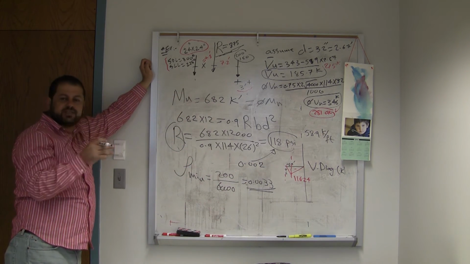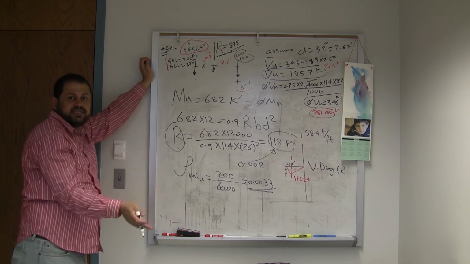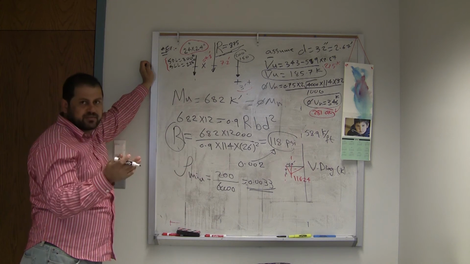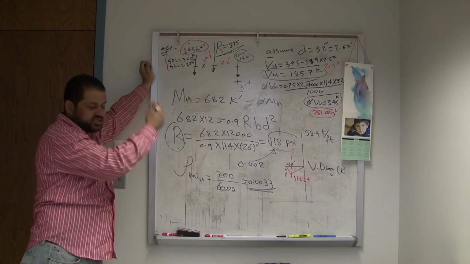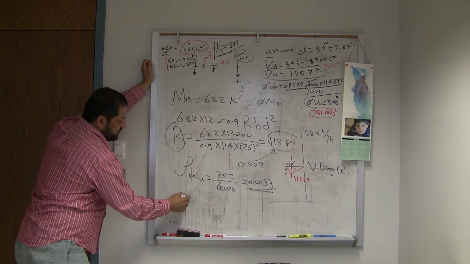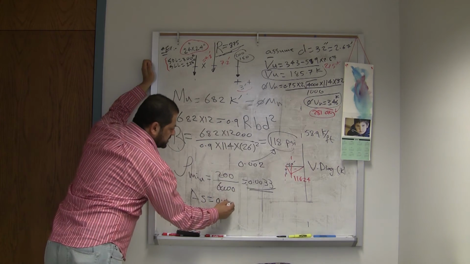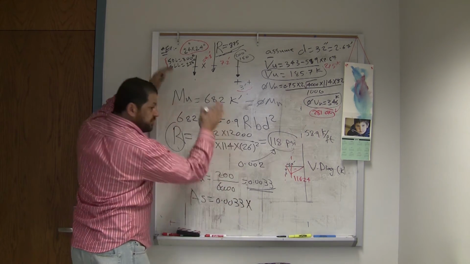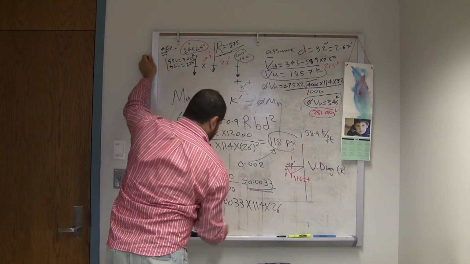Most of the time in footings, guys, rho minimum controls for the reinforcement, because d is determined for shear, no stirrups. d is big, huge, the depth is big to resist the shear. So in this case, the reinforcement must be area of steel equals 0.0033 times b, the full b, 114, times d, 26.